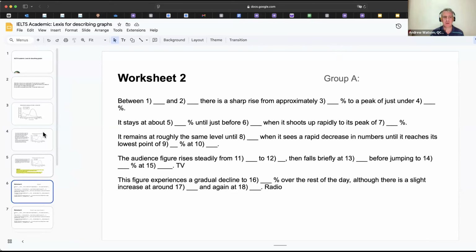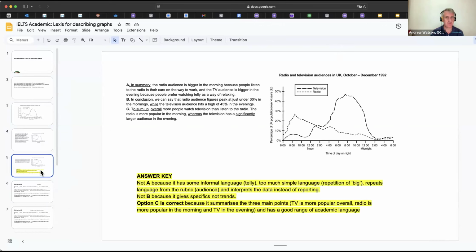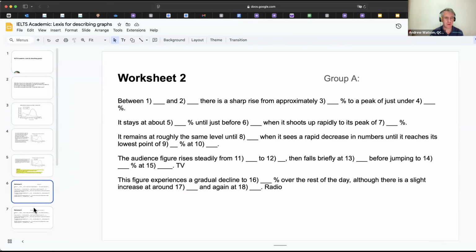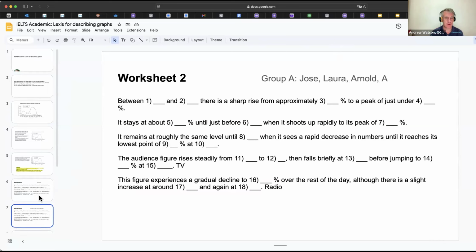Have a look at the graph again. First sentence, is it radio or TV?